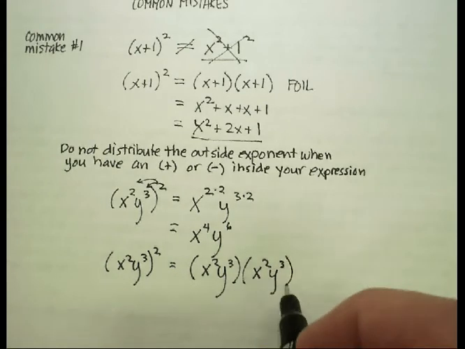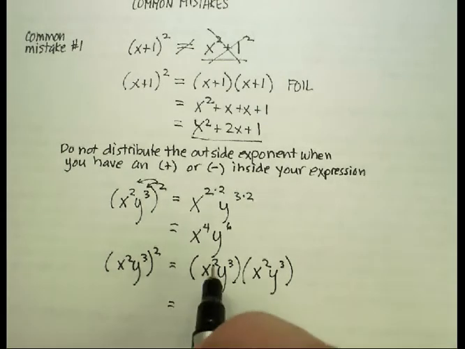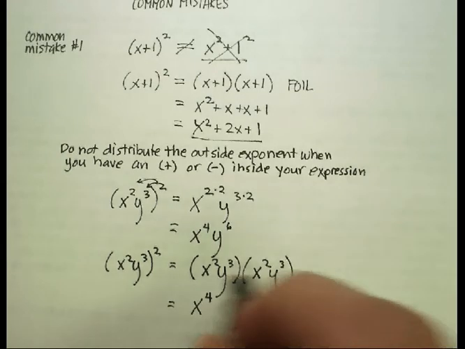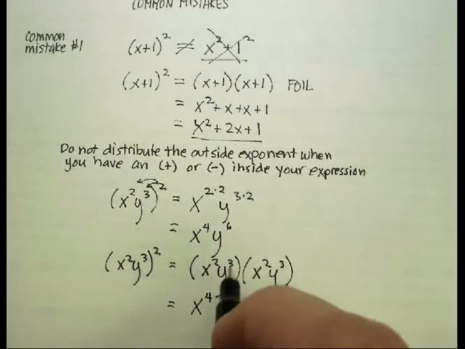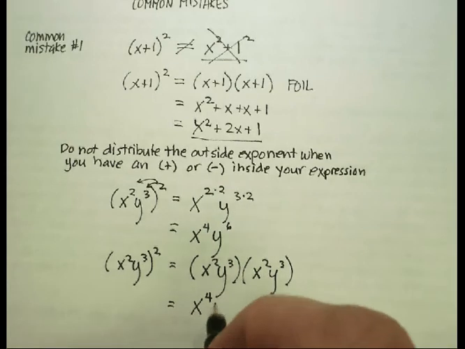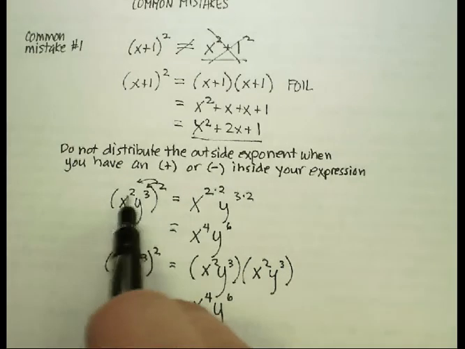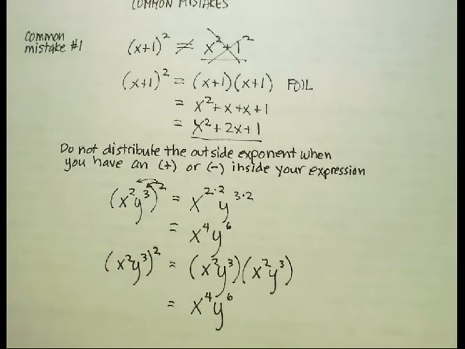Now when I do this, I am saying basically x squared times x squared is x to the fourth. I get to add those two exponents. Y cubed times y cubed is y to the sixth. And notice I've got the same result. You can either multiply them this way or you can write it out that way and do that.